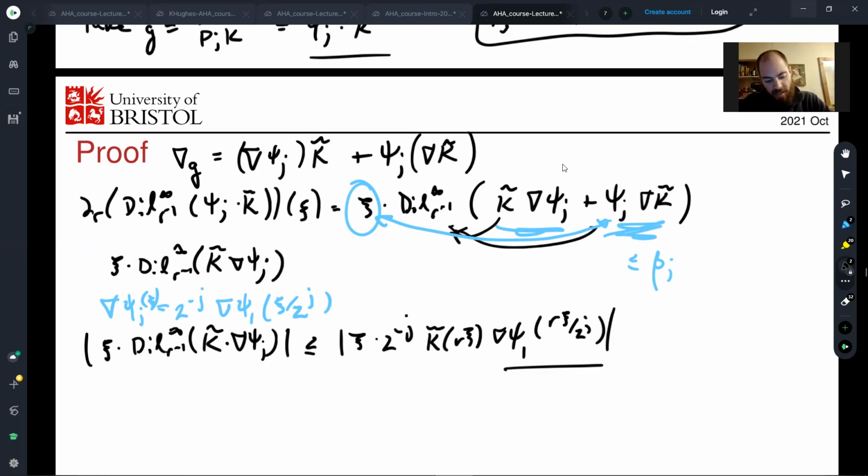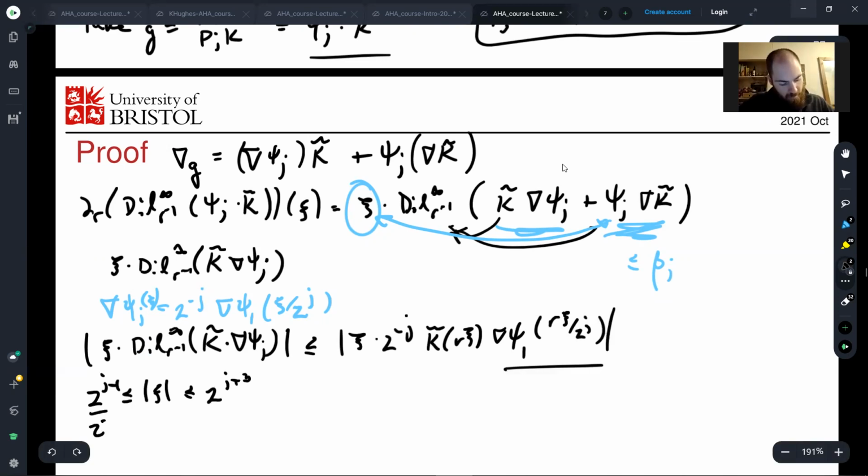And c, don't forget, is between 2 to the j plus 3 and 2 to the j minus 1. Therefore c times 2 to the minus j is restricted to some interval, from 1/2 up to 8. So this term is also bounded.